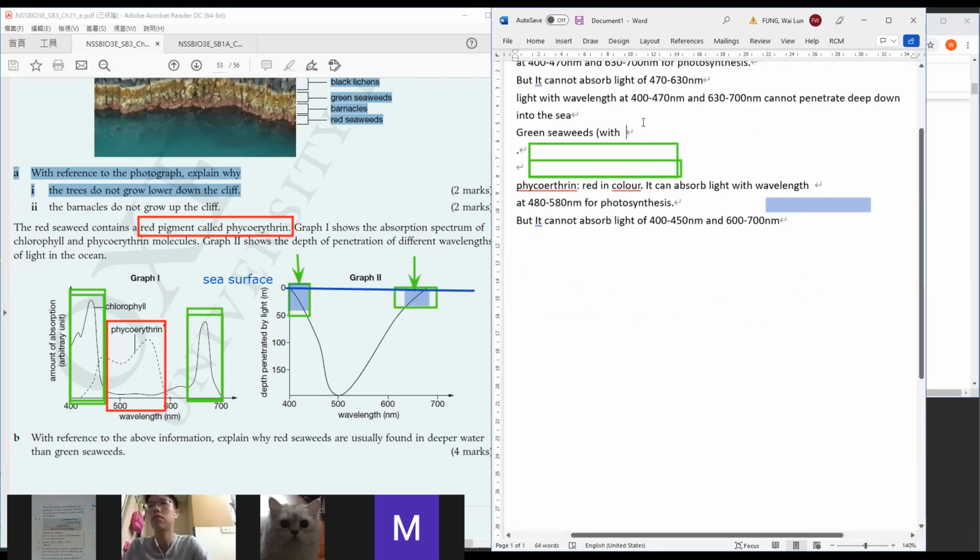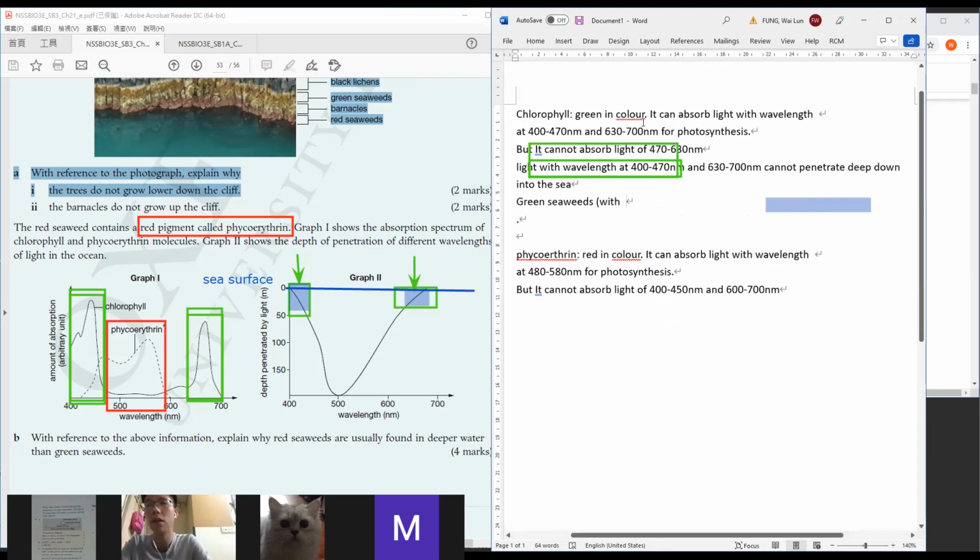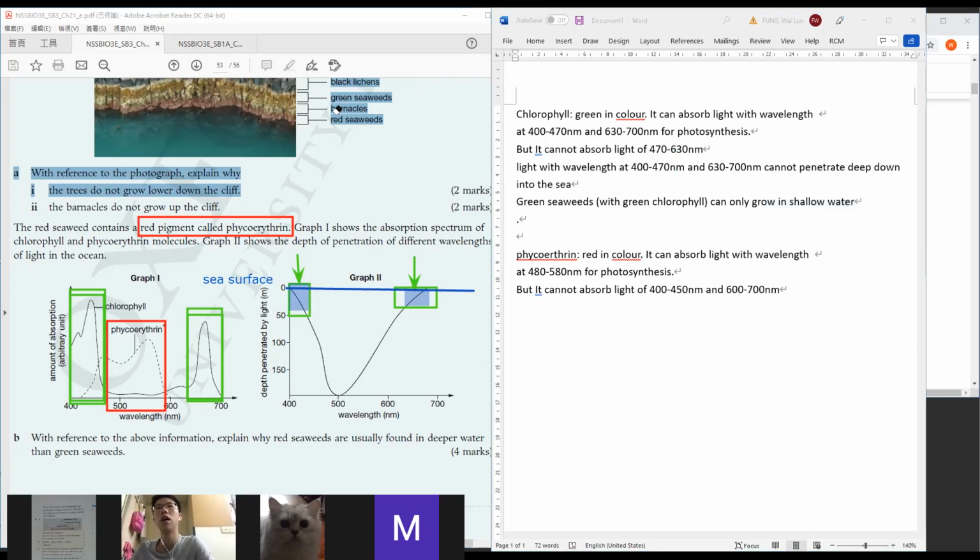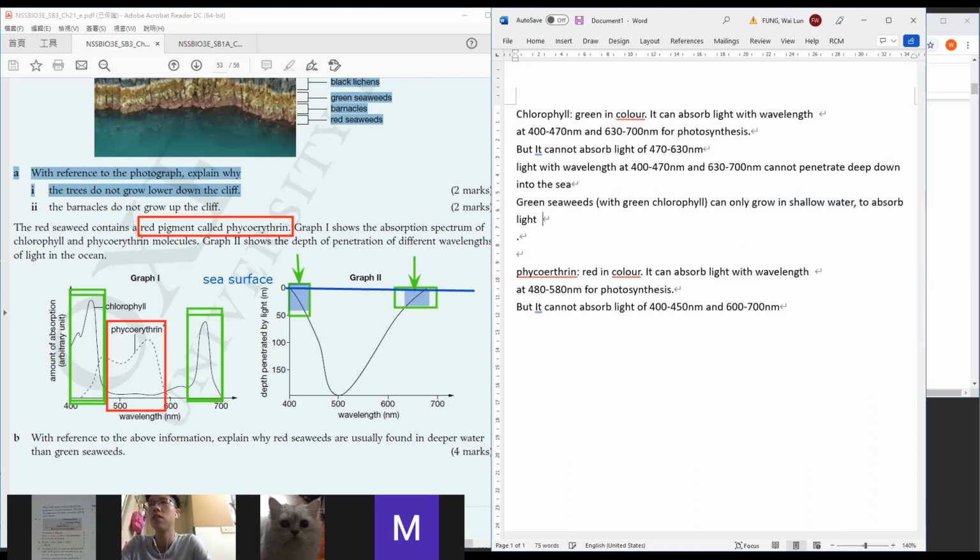They can only grow in shallow water, to absorb light for photosynthesis.